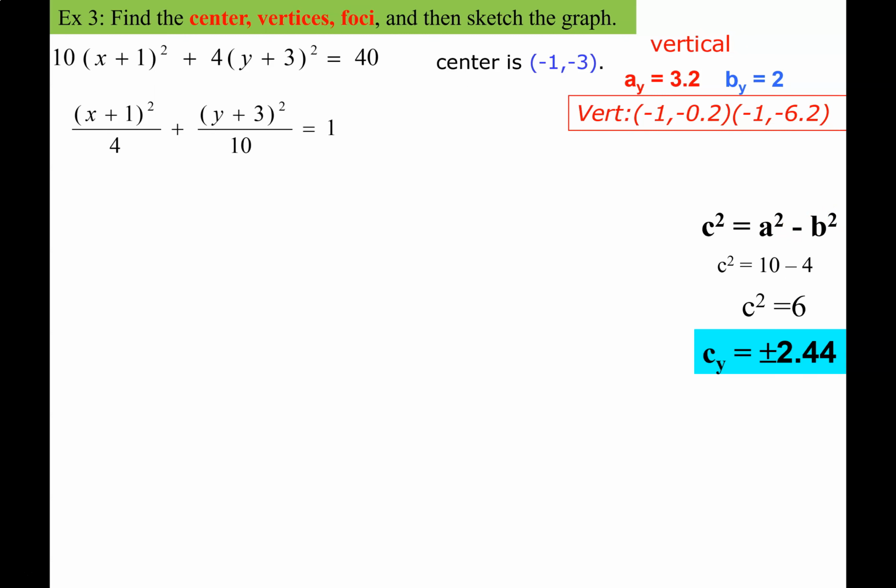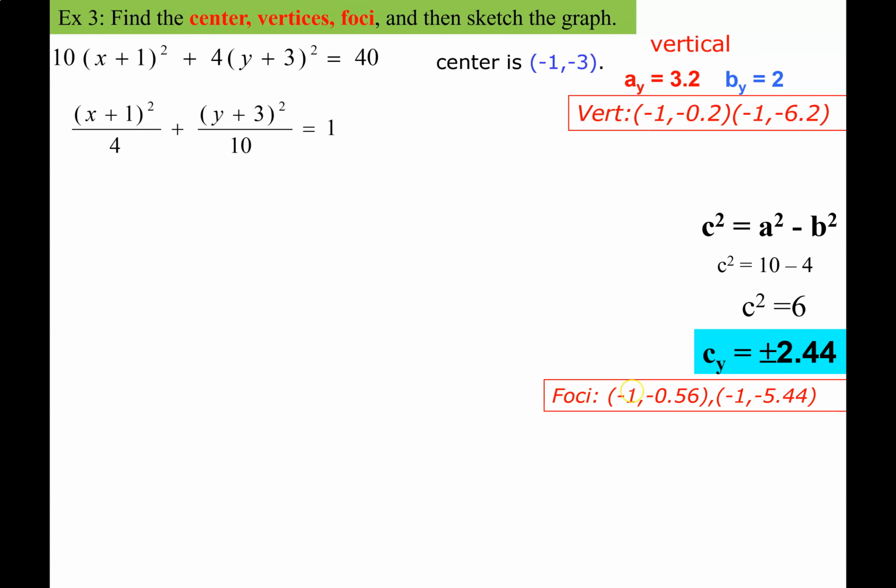Take the square root of that to get your c, or your foci, which would be plus or minus 2.44. At this point, because your ellipse is vertical, you want to make sure that you add or subtract to the center, up and down, vertical. So you should pay attention to your k value at this point. That's what you're going to be adding or subtracting to, your k value.